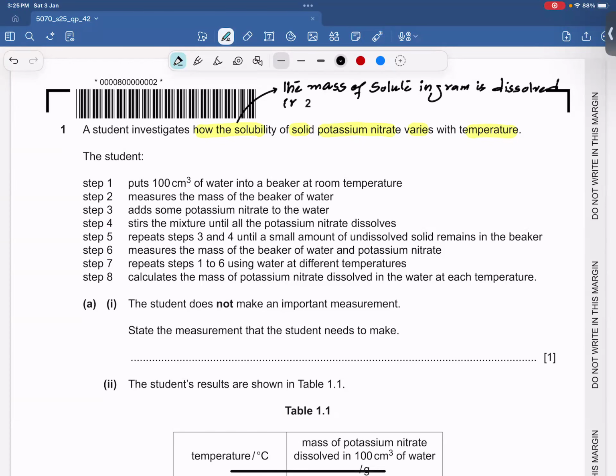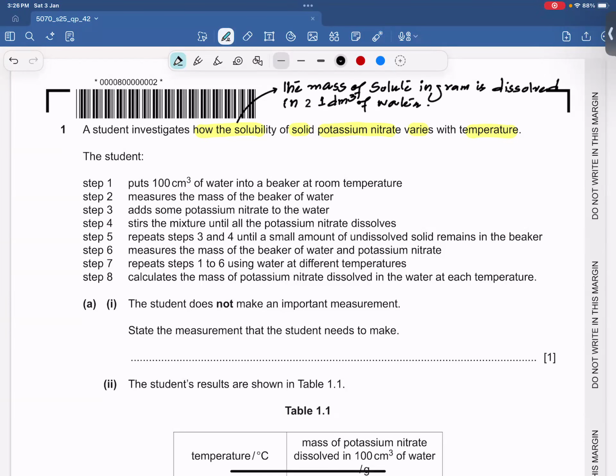that dissolved in 1 dm cube of water, and water is basically the solvent. Solvent is a substance in which we dissolve any compound.